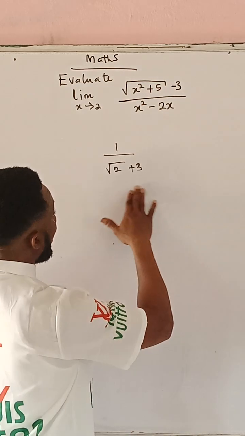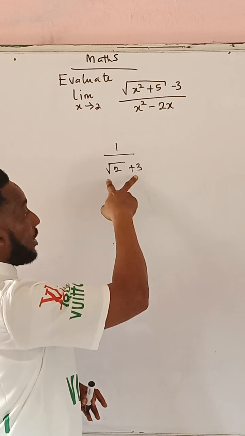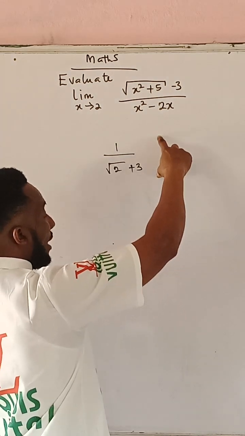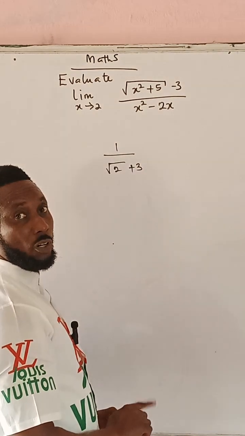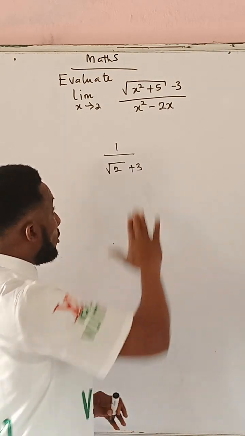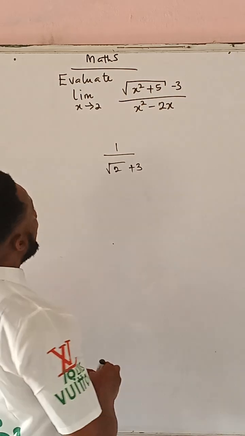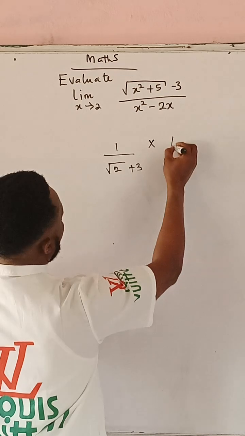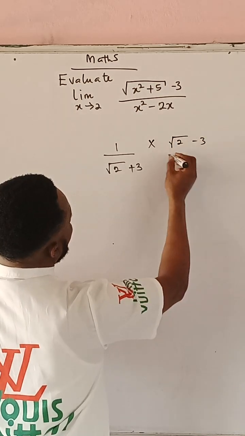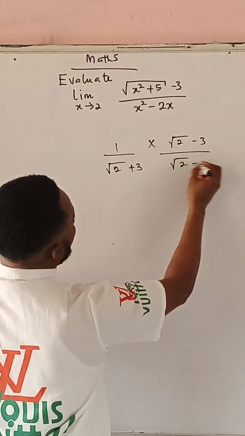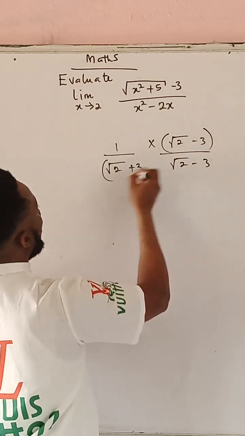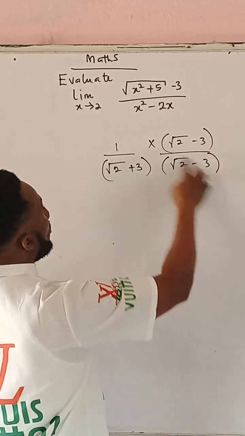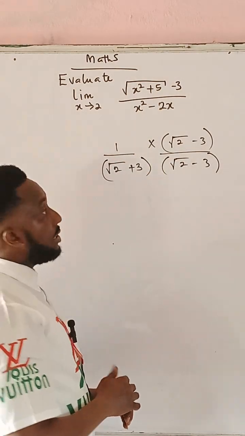In rationalizing the radical, what you do is to take the conjugate of this surd and use it to multiply both the numerator and the denominator. So if I were to rationalize this fraction, I will multiply it by root 2 minus 3 on the numerator, root 2 minus 3 on the denominator. This is just to give you an insight into what we are going to be doing with this expression.